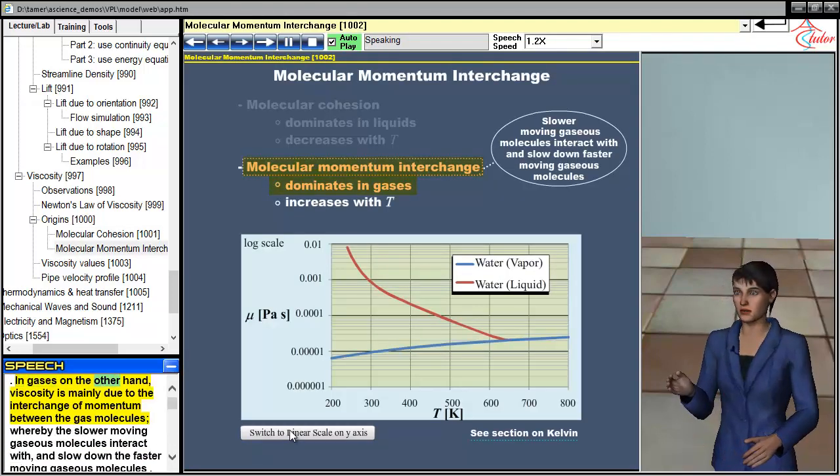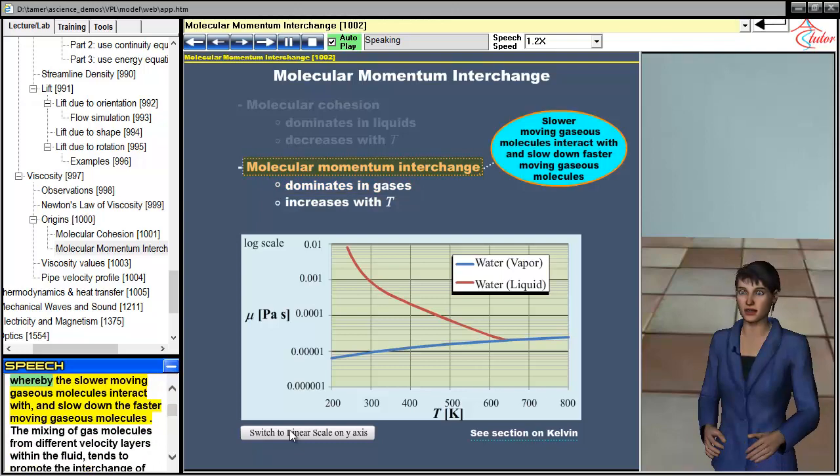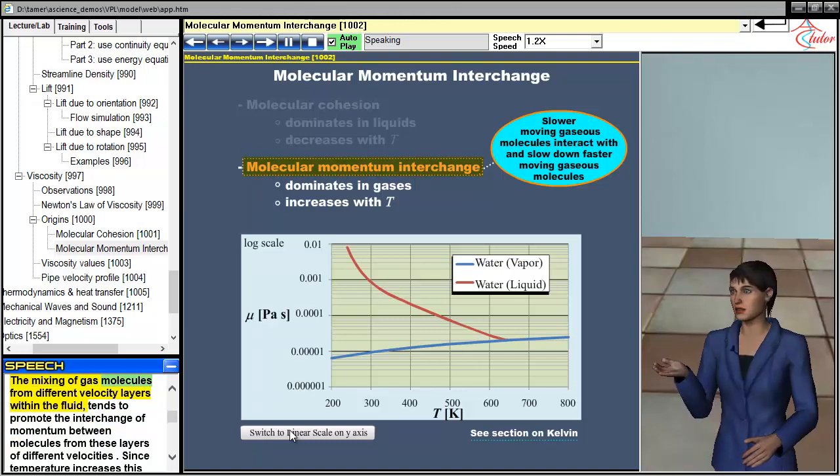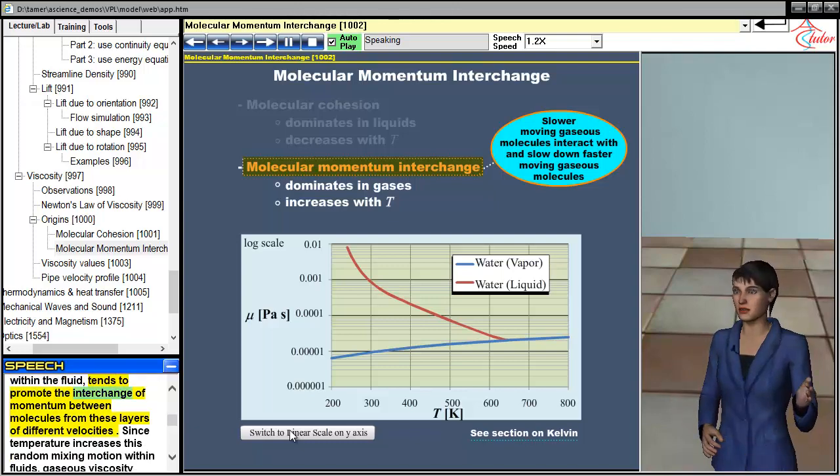In gases, on the other hand, viscosity is mainly due to the interchange of momentum between the gas molecules, whereby the slower moving gaseous molecules interact with, and slow down the faster moving gaseous molecules. The mixing of gas molecules from different velocity layers within the fluid tends to promote the interchange of momentum between molecules from these layers of different velocities.